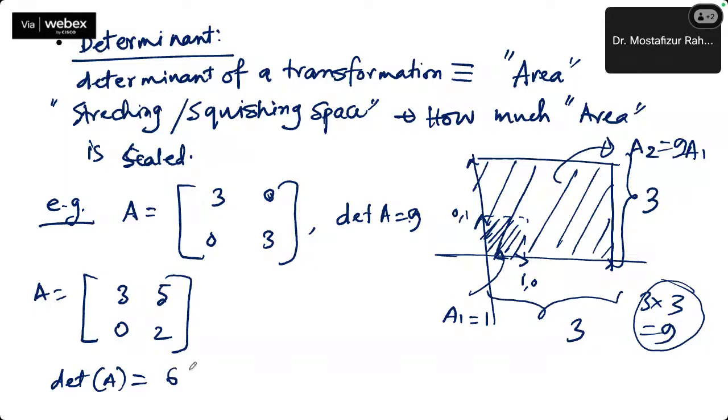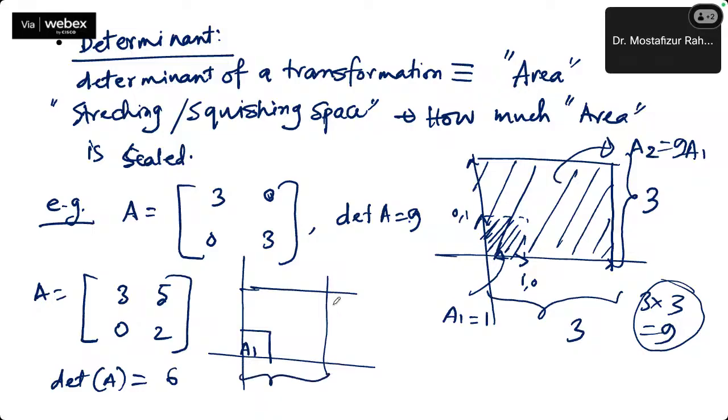So you can easily check that if this is your A1, one side you can go 3 units, another side you can go 2 units, right? So this is equal to 6.